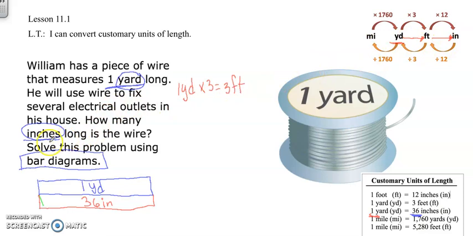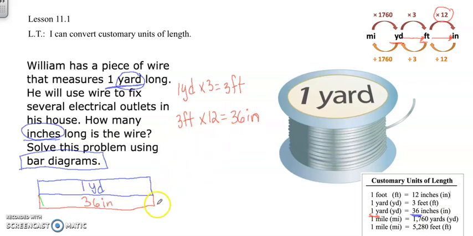Well, the question asked how many inches long is the wire. So I've got to turn my feet into inches. That's step 2. Turn the feet into inches by multiplying by 12. I'm going to take those 3 feet and multiply them by 12. 3 times 12 is 36. 36 inches.